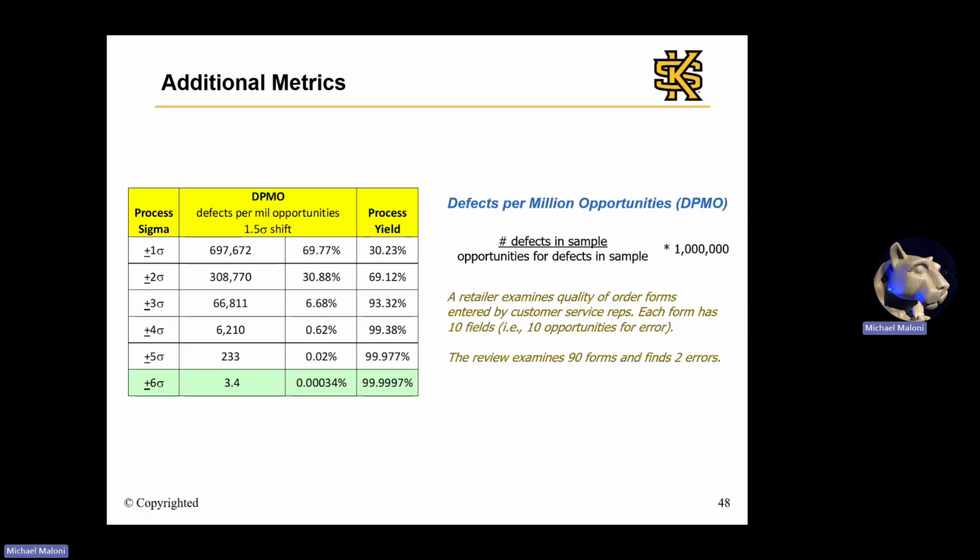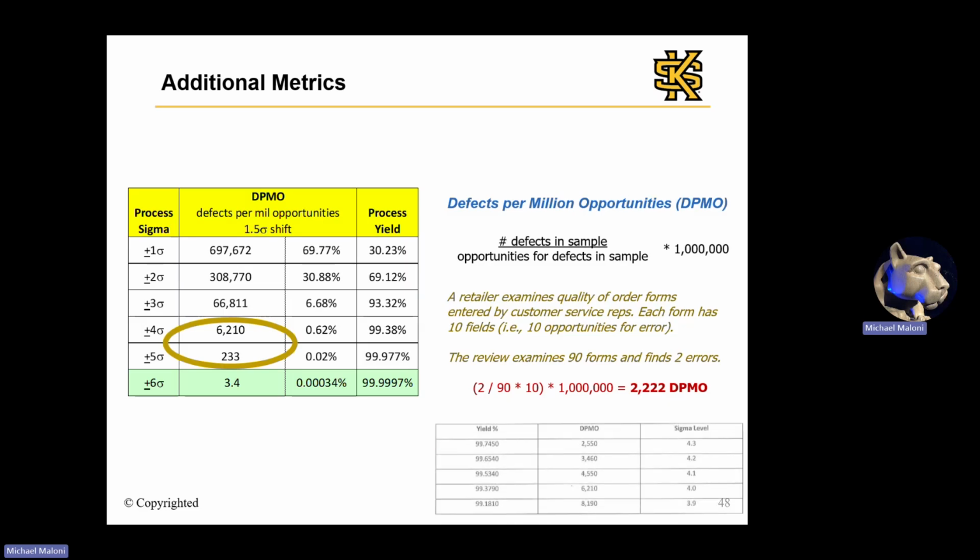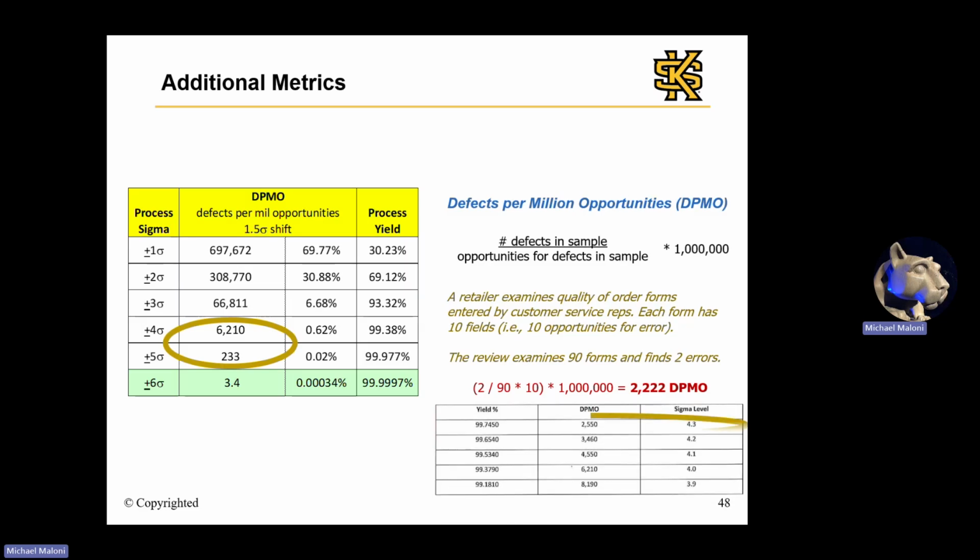So our calculation is 2 divided by 900, 90 forms times 10 opportunities for error, 2 divided by 900 times 1 million is 2,222 DPMO. Then comparing that with the DPMO table, it's between a 4 sigma and a 5 sigma process. And again, the more detailed DPMO table shows us that it's roughly a 4.3 sigma process.